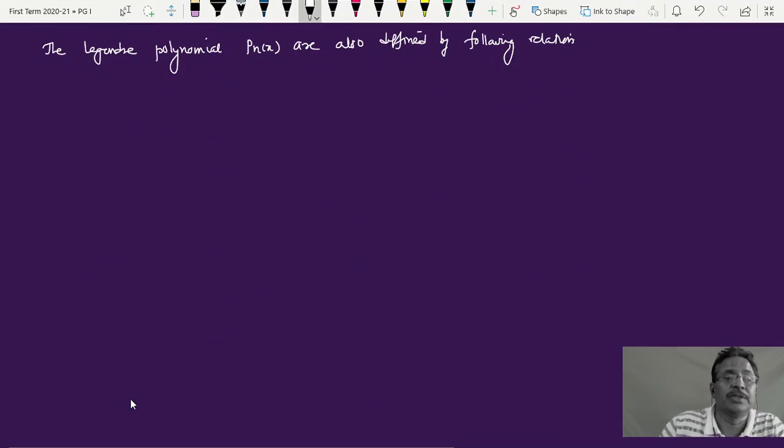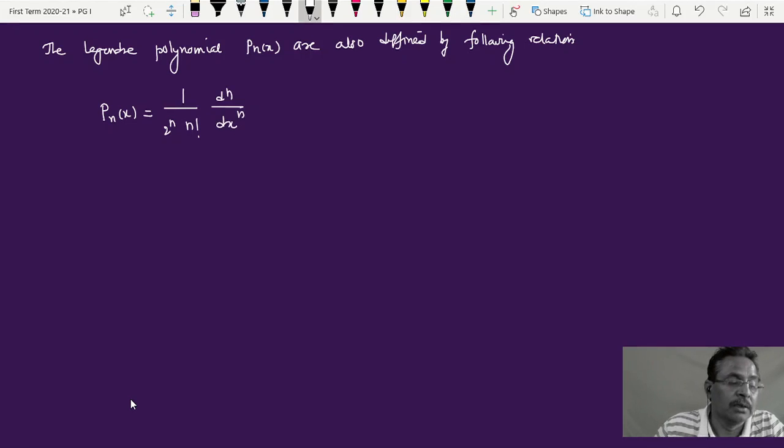Very simple to remember and to write too. This relationship is Pn of x is equal to 1 upon 2 raised to n into n factorial into d raised to n upon dx raised to n of x square minus 1 raised to n.